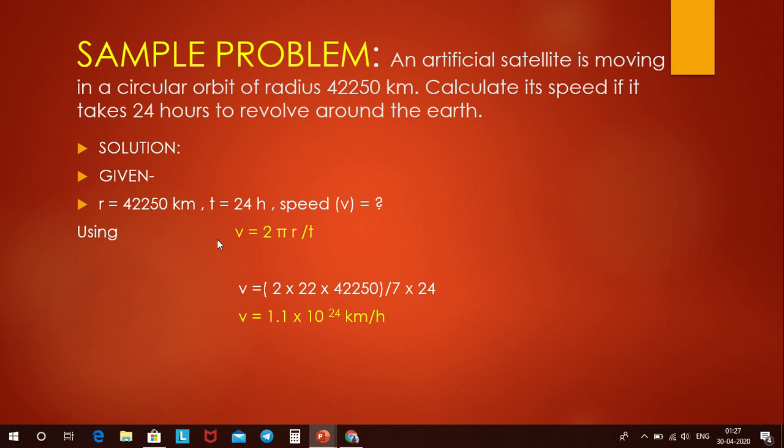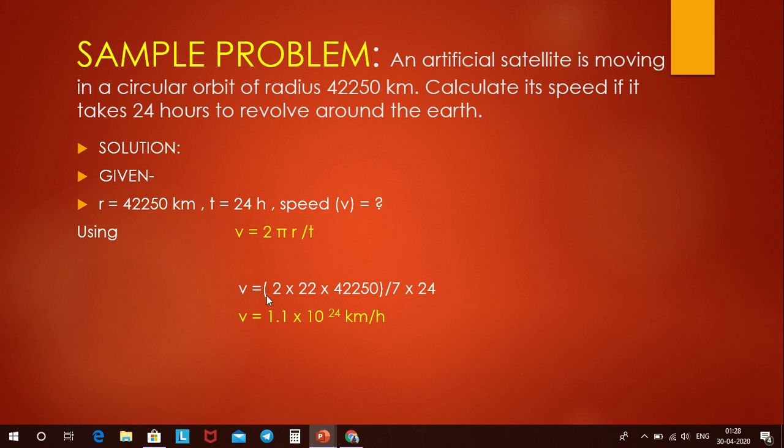Then using the formula speed equals distance upon time, and here the distance is basically the circumference of the circle, that is 2 pi r upon t, and this formula we have found a few minutes ago, that speed of an object moving around a circular path is given by 2 pi r upon t.